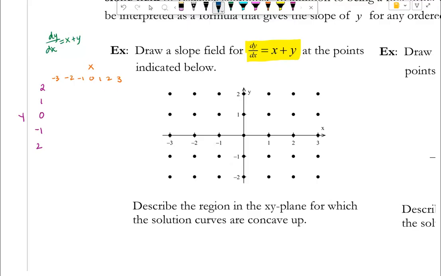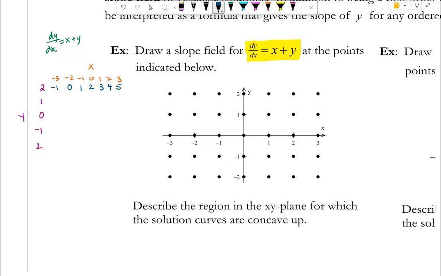And our goal here is to look for patterns to make this easy for us. So -3 plus 2, I know that's -1. -2 plus 2 is 0. -1 plus 2 is +1. And I can quickly see that I'm just going to be adding those numbers together.